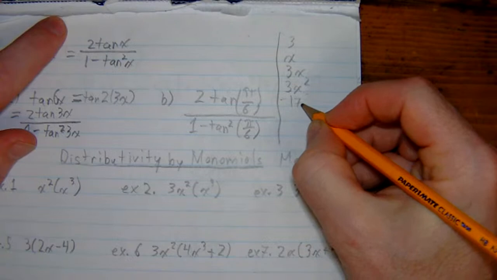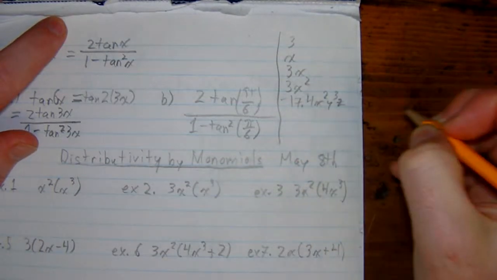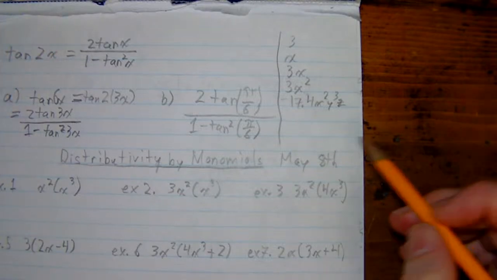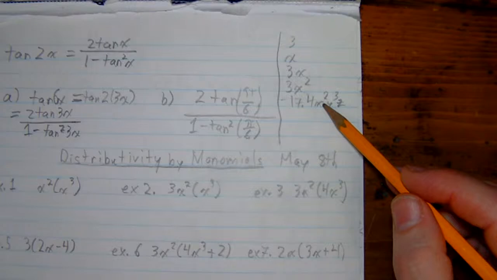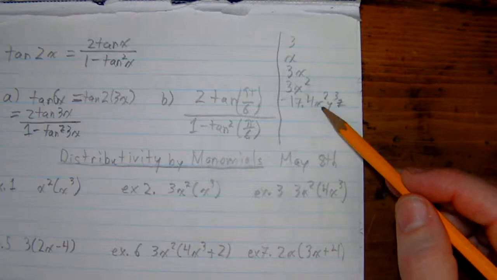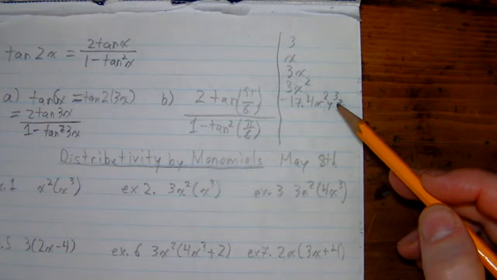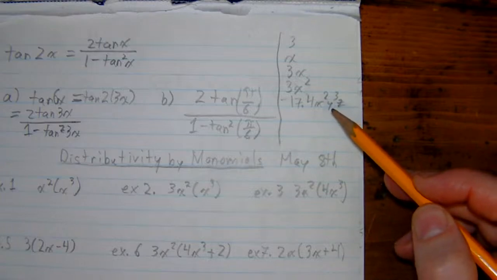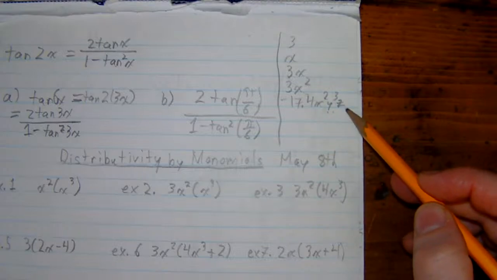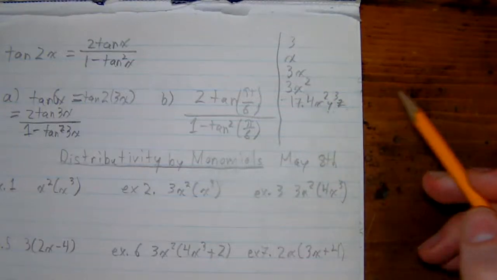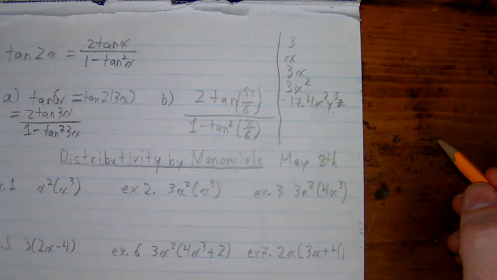Negative 17.4 x squared y cubed z is also a monomial because it's a number, negative 17.4, times a variable, x, times a second x, times a variable, y, times another y, times a third y, and then times z. So it's a multiplication of numbers and variables. So all of these things here are monomials.